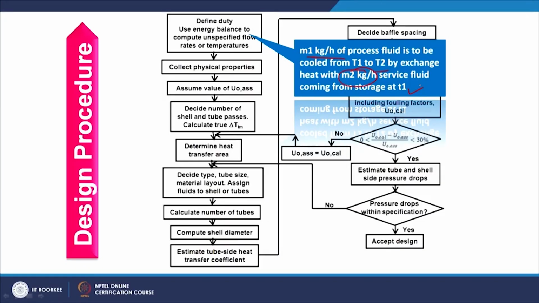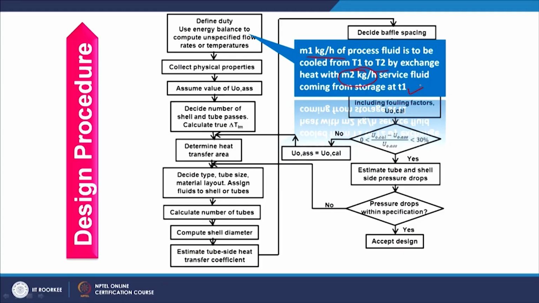So, how can you define that duty? For one fluid you know the terminal temperatures. First of all, you have to find the specific heat of the fluid. The fluid, its flow rate and its terminal temperatures are known to you.